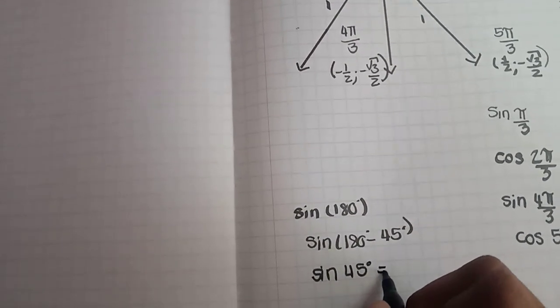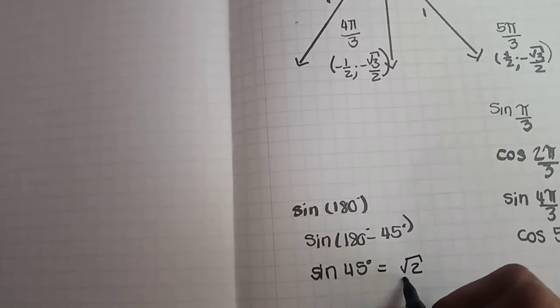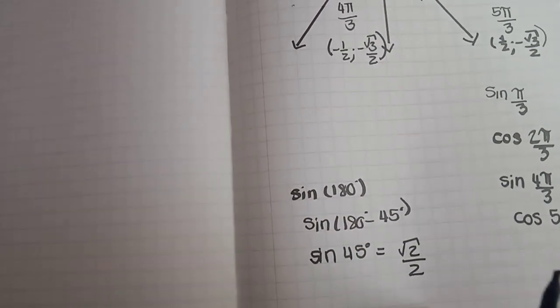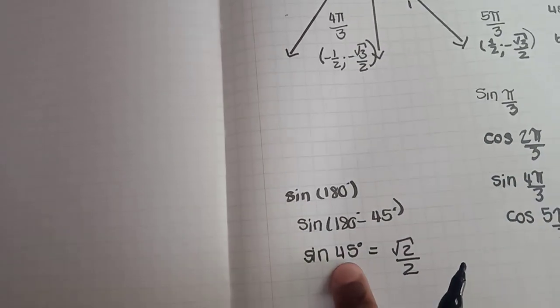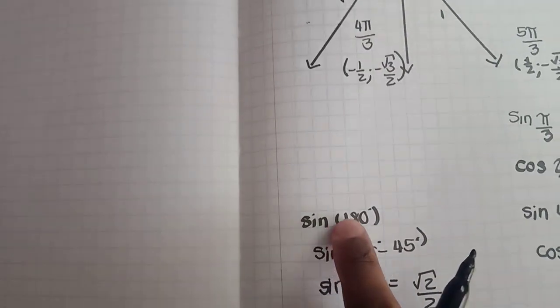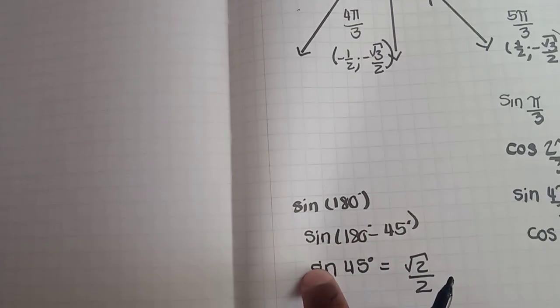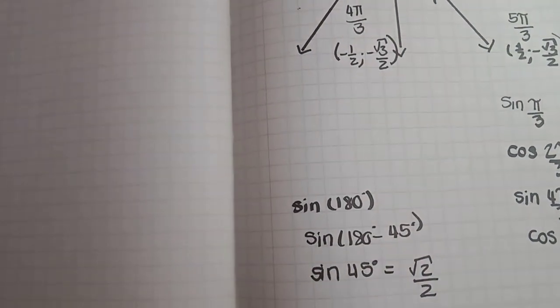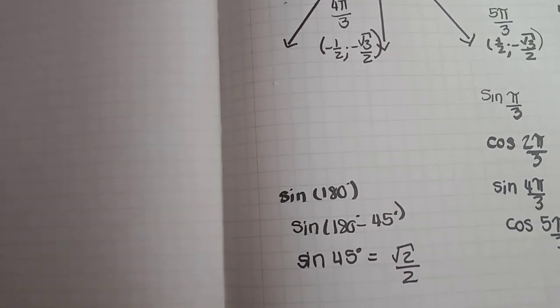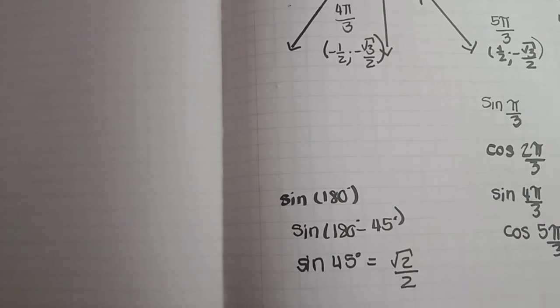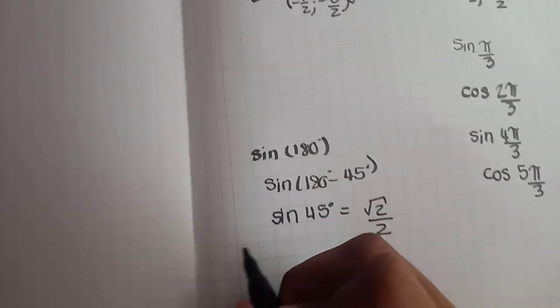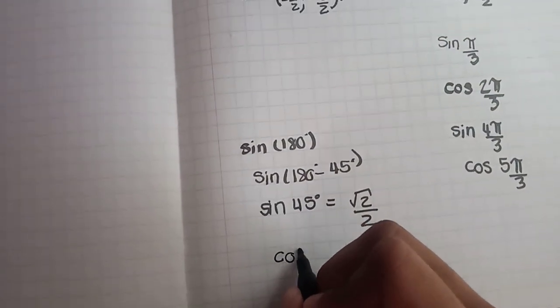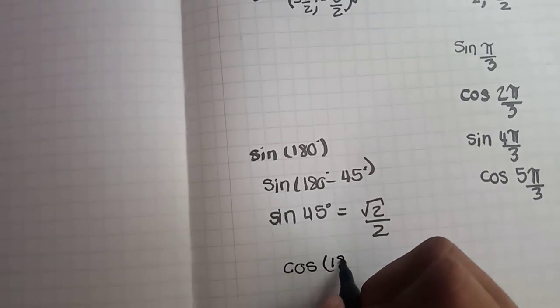Now we know that sine 45 is root 2 over 2. You can get that by using the unit circle. And you can see that sine 45 and sine 180 have the same values trigonometrically. But we've reduced it into an acute angle, so it's something that we can work with. Another example is if we have cos 180.